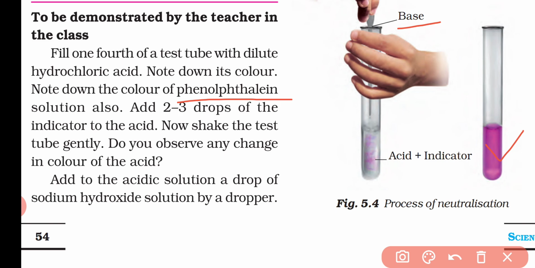The reason is that the base is neutralizing the acid, and after some time it will start producing the color. The reason behind that is whatever acid was there is neutralized, and now the test tube contains overall a base. Because it contains the base, the phenolphthalein, which is basically for bases, starts producing the color, and that is why the test tube became quite pink.